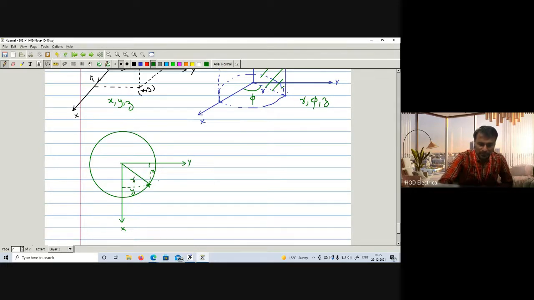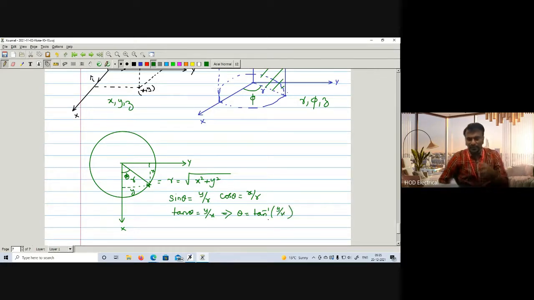So we came to know radius is equal to square root of x square plus y square. Then this angle, maybe theta, sine theta equal to y by r, cos theta equal to x by r. So tan theta equal to y by x, and from this theta equals tan inverse of y by x. Likewise, we have derived it.